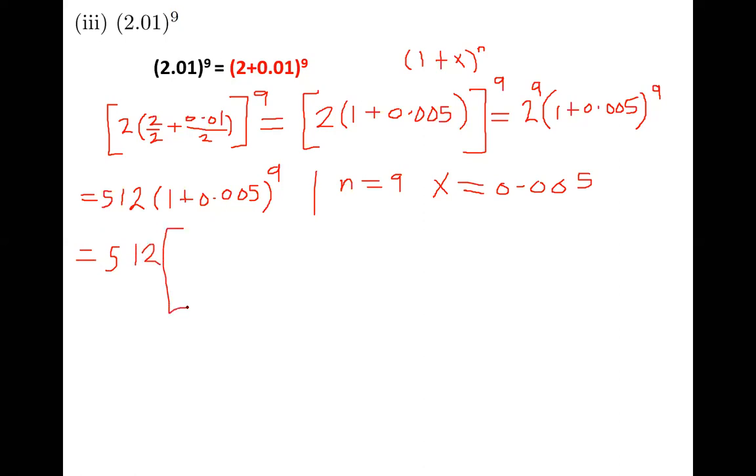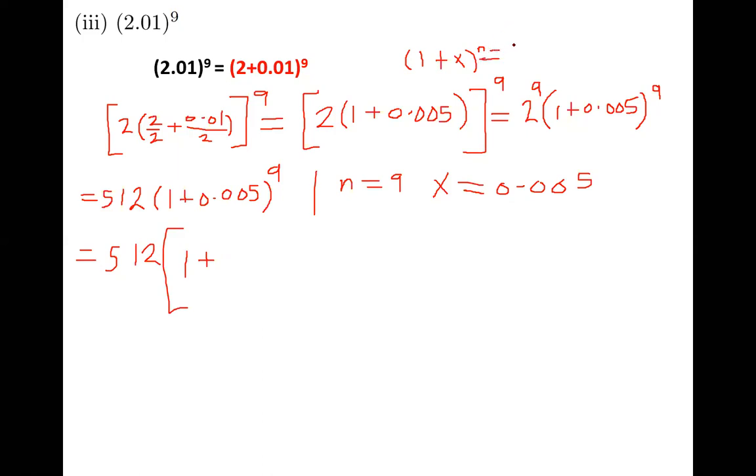So we're going to have 512 outside like that, and then you open these square brackets, and the first term is going to be 1. The second term is going to be nx, we're following our extension.